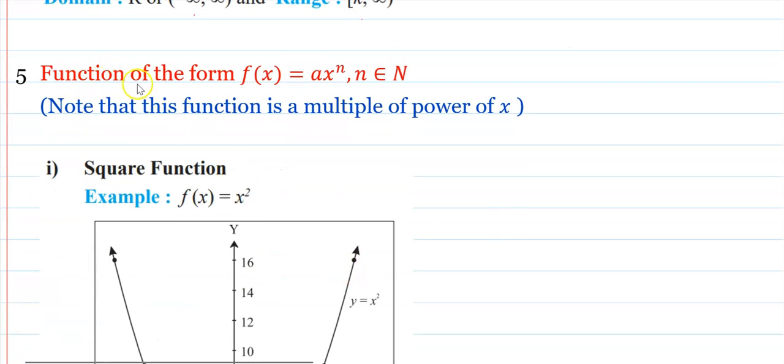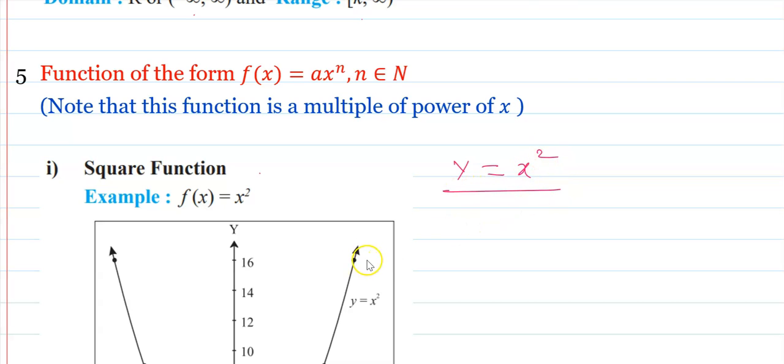Next, function of the form f of x is equal to a into x raised to n. Okay, this type is a power function where n belongs to the set of natural numbers. First, square function. Now here y is equal to f of x is equal to x square.